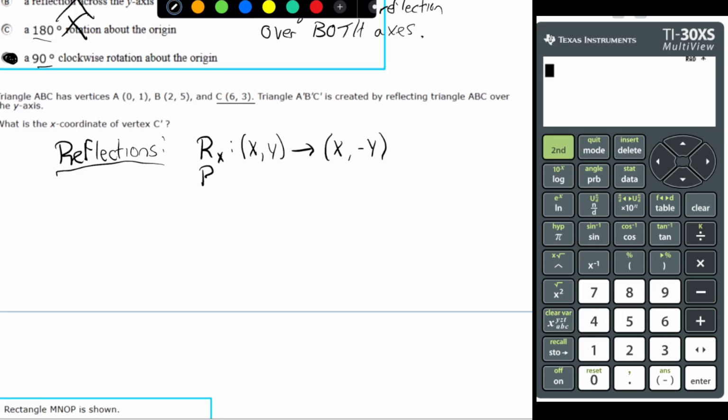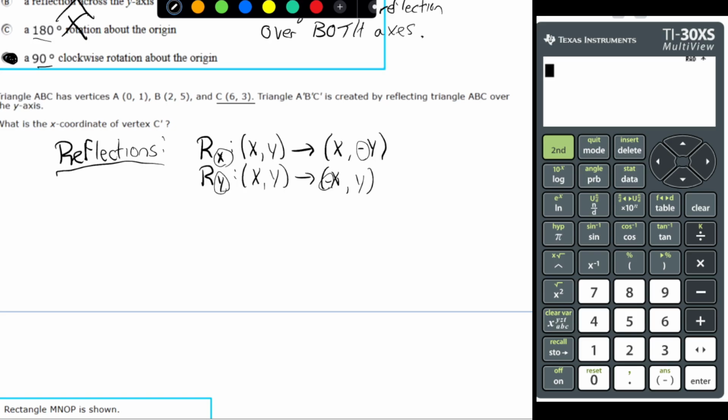If you're reflecting over the y-axis, your (x, y) becomes (negative x, y). You just negate the other letter. So, reflect over x, you negate y. Reflect over y, you negate x.